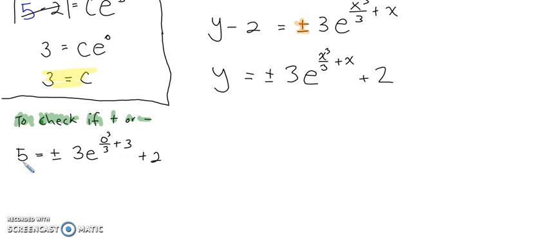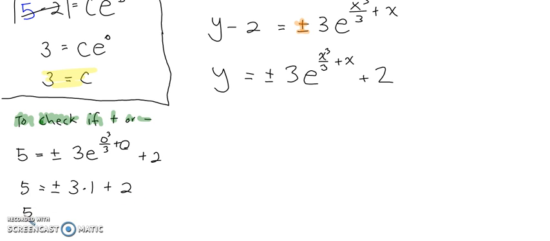In this case, it's y equals 5, x equals 0. We're just going to do the math. So we get 5 equals plus or minus, and we already did this, e to the 0 is just 1. So we get 3 times 1, and then we bring down the plus 2.